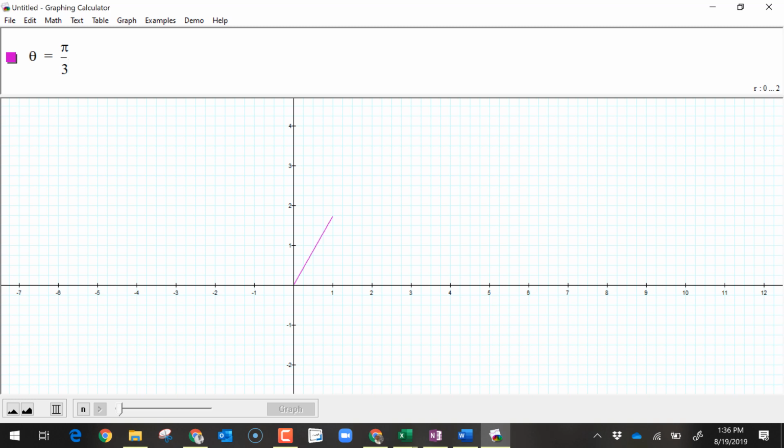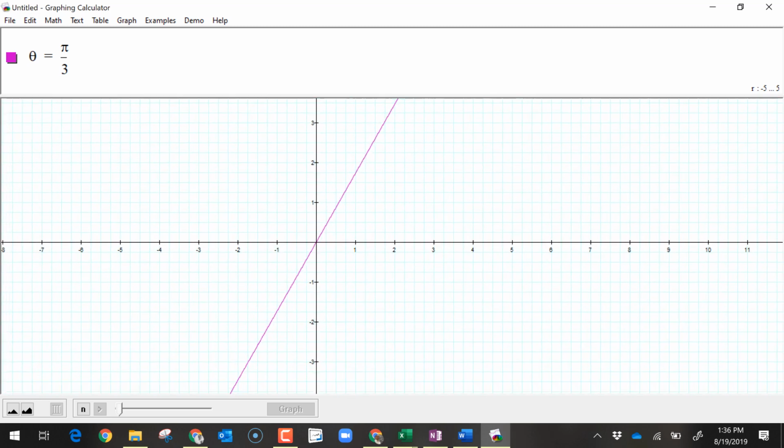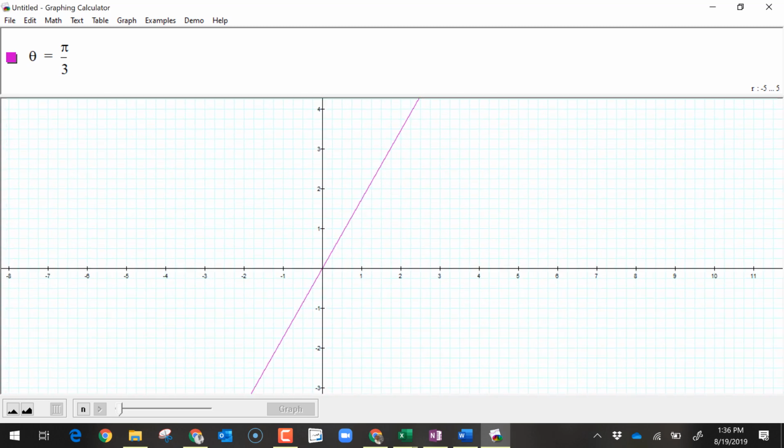So again, I don't know if you guys can see that little top corner over there. This is the range for my r values. I can have it go from -5 to 5, and then I would get a longer line, from r equal to -5 behind it to r equal to 5 in front of it.